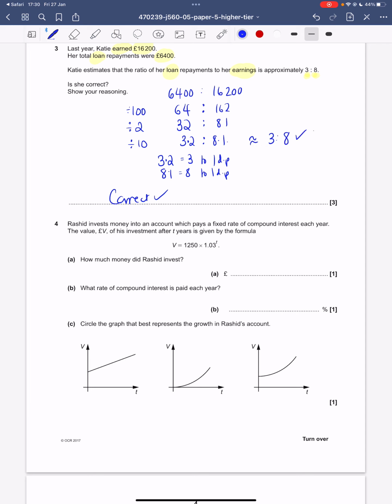We're happy with that. Right, Rashid invests money into an account which pays a fixed rate of compound interest each year. The value V, so that's the value of his investment after T years, is given by this formula. So when you've got this formula, V is the value, T is the number of years.